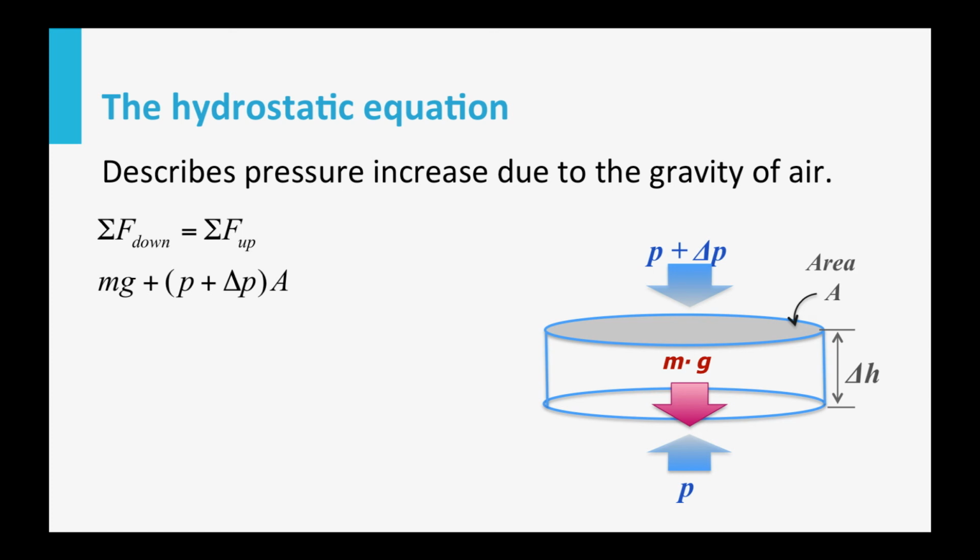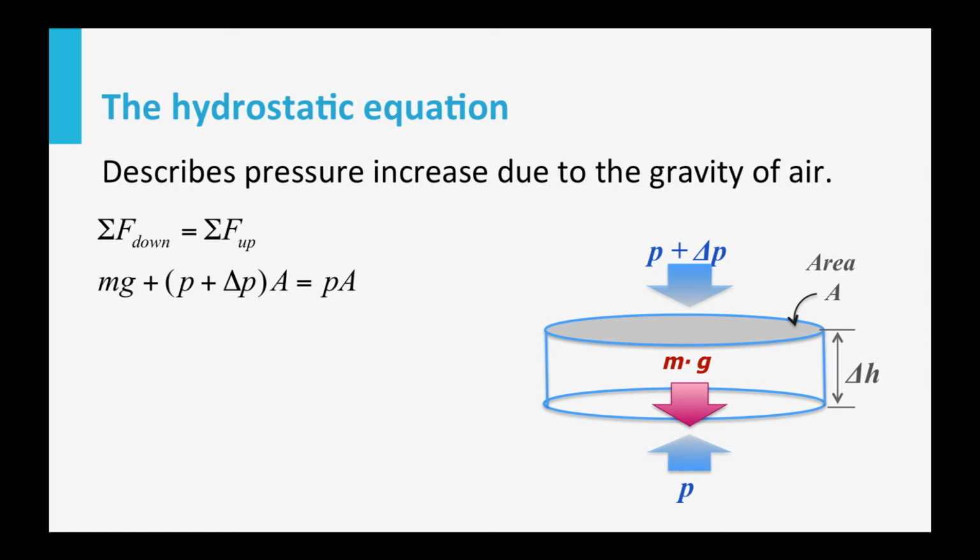To make this into a force, we need to multiply it by the area of the top surface, which we call A. These are the forces acting in a downward direction. Which forces are working in the upward direction? That's only one force, P times the area of the bottom surface, which is the same as the area on the top surface. So this is our start, this is our equation, the equilibrium of forces down and up.